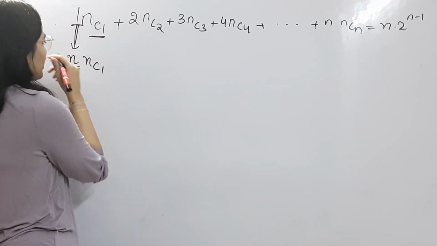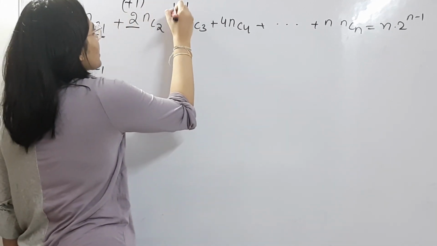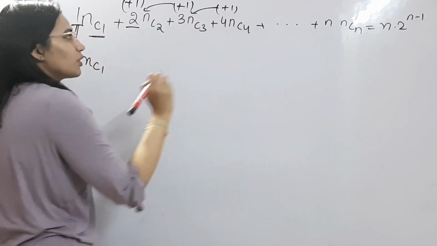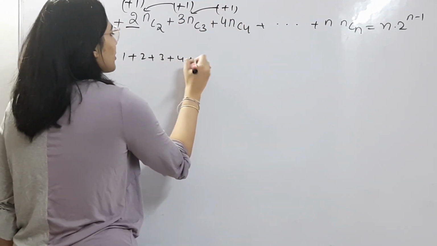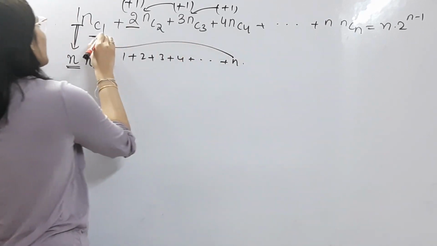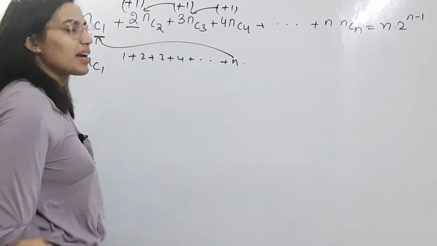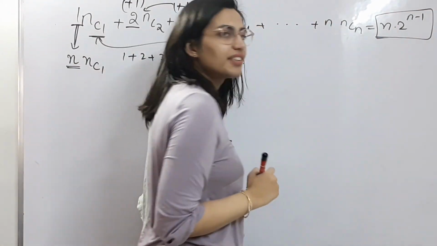If n is 1 here, we add 1 to the previous term, and then 1 to that previous term and so on. It's in the form of 1 plus 2 plus the sum of n numbers. However, we have the binomial coefficients involved in this. Hence, when we expand this, we will get this as the result.